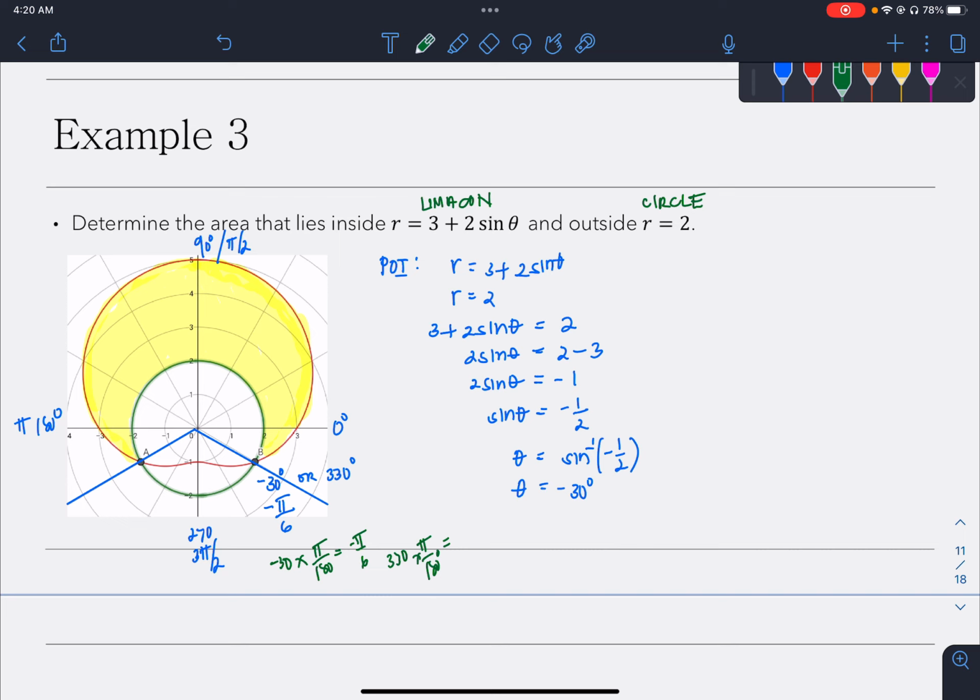So 11 pi all over 6. So we are either going to use 330 degrees or 11 pi all over 6. So one is negative 30 degrees. Next, how do we get the angle in the third quadrant? Remember this axis.